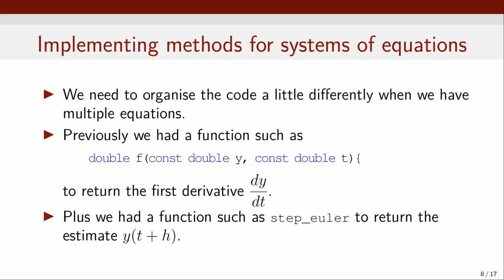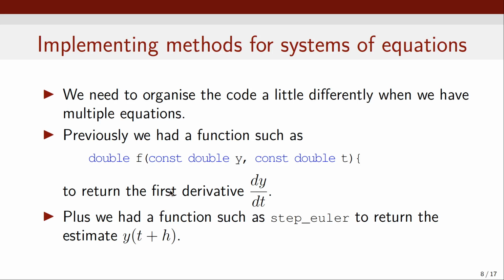Now, how do we implement this in C++? We can use the codes we have used before, but we need to organize the code a little differently when we have multiple equations. Previously we had a function such as f, so we defined double f, which depends on the arguments const double y and const double t, and so on.